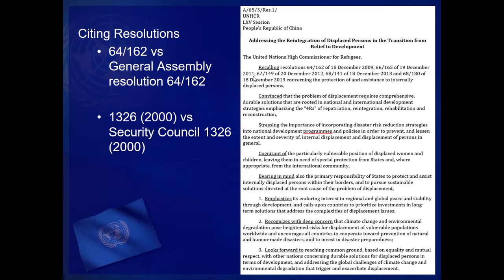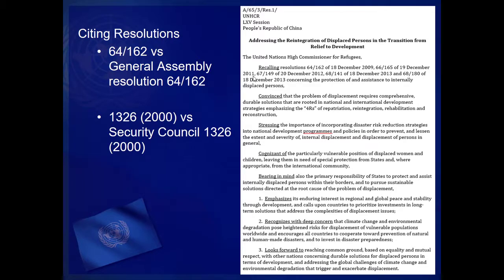Thus, Resolution 64 from the General Assembly's 162nd session in 2003 would be cited as Resolution 64/162 in a resolution written for the General Assembly or one of its subcommittees. But it would be written as General Assembly Resolution 64/162 if cited by the Security Council.